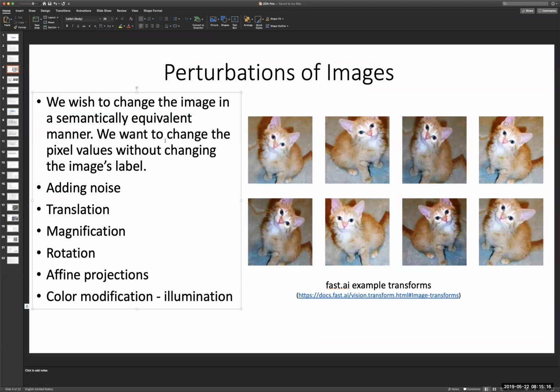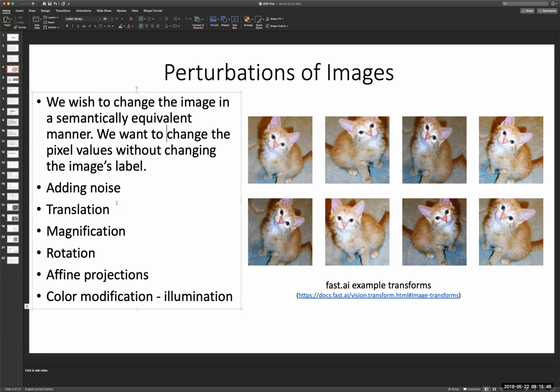For example, if we have pictures of signs with text in them, we wouldn't want to flip it, because you would make the text reversed, and so it wouldn't be semantically equivalent. And perhaps in this image of animals, if you rotated it 180 degrees, it would be upside down. And so that would not necessarily preserve the semantics.